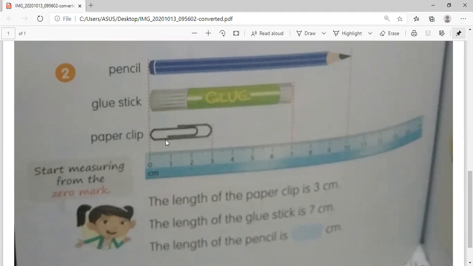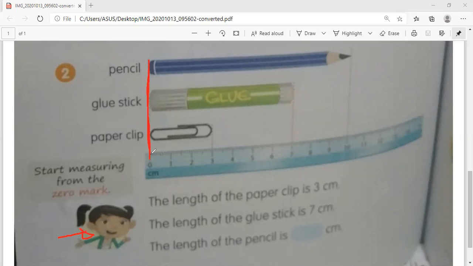The first is a paper clip, and then the second is a glue stick, and the last is a pencil. And then I have a friend. Let's say this is my friend. And my friend says, start measuring from the 0 mark. Remember, we have to start from the 0 mark. So we put the object at the 0 mark, yeah.